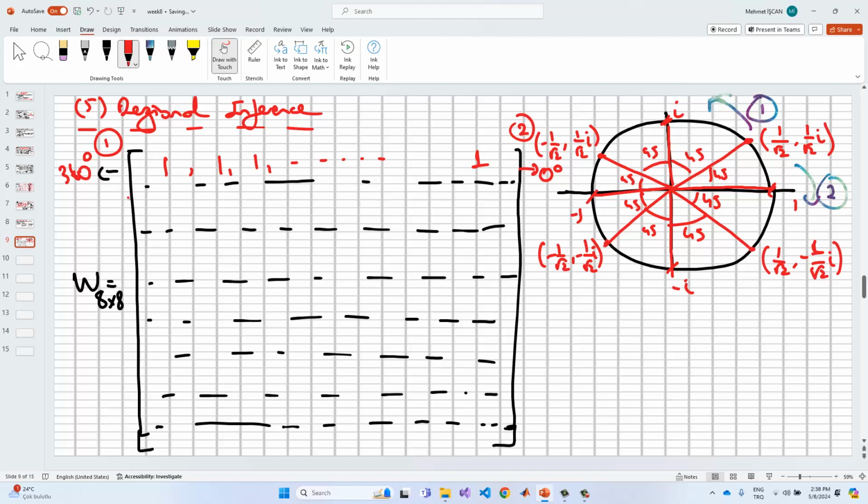Okay. In the second case, what is the value of the degree in here? Yes, 315 degree, right? And so, what's the first value? 1.